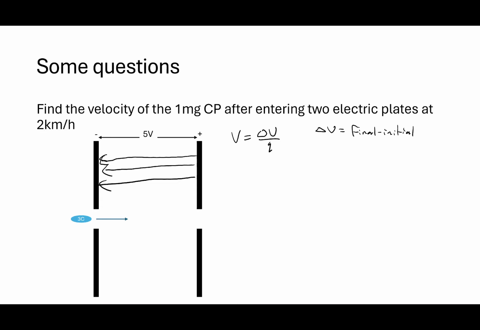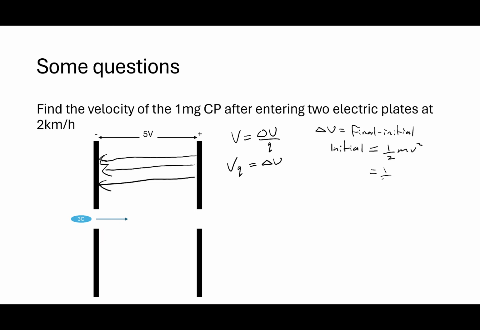So we'll have VQ equals delta U, and we know delta U equals final minus initial, so let's find the initial. We know it's kinetic energy, so it's half mv squared.